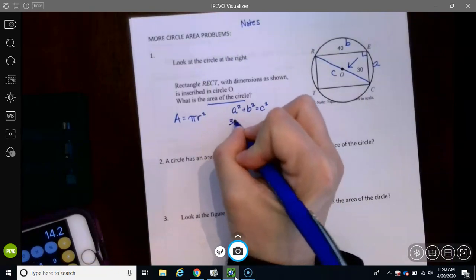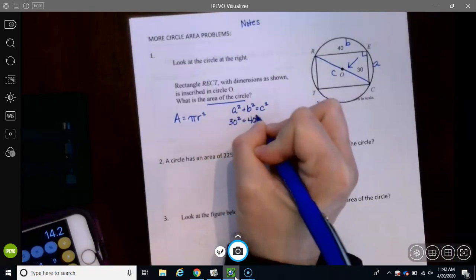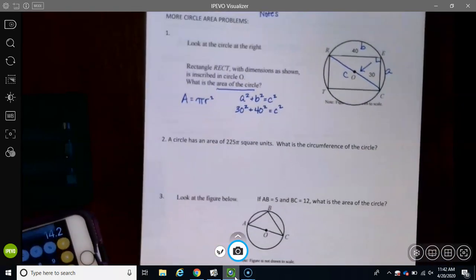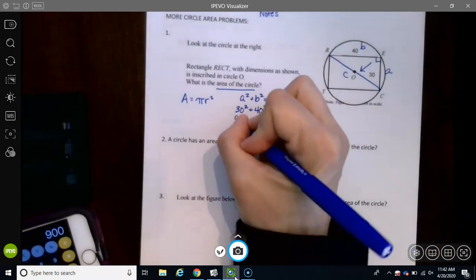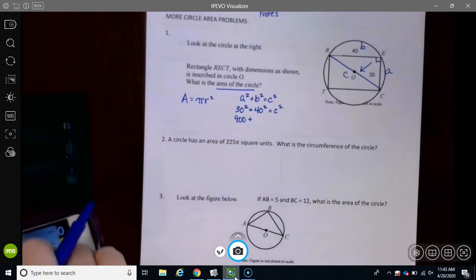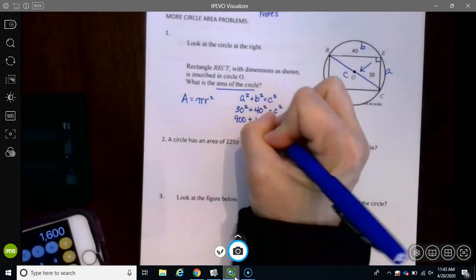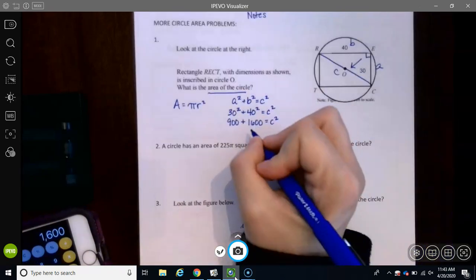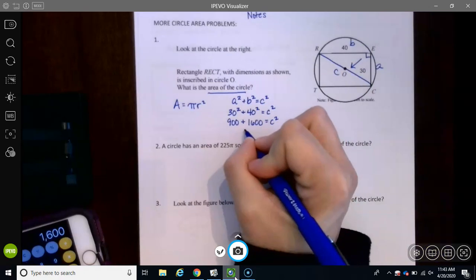All right, let's plug in these numbers and find our C side. So we got 30 squared plus 40 squared equals C squared. So 30 squared gives me 900. 40 squared gives me 1600. Add those two together, and we get 2500.